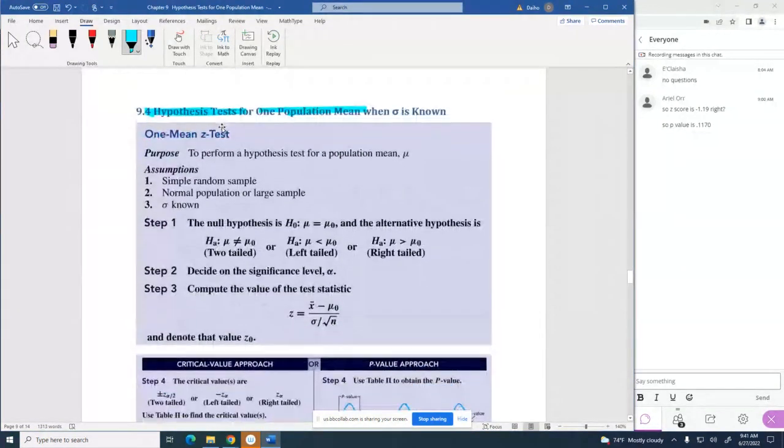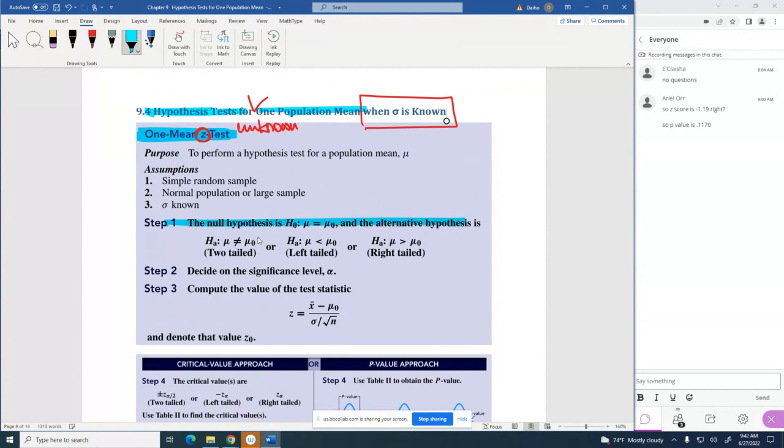Yeah, always I want to add unknown. Oh, when sigma is known. Yeah, always we assumed we knew the sigma, right? Yeah. So we name this one a 1 mean z test because we use the z test statistic.